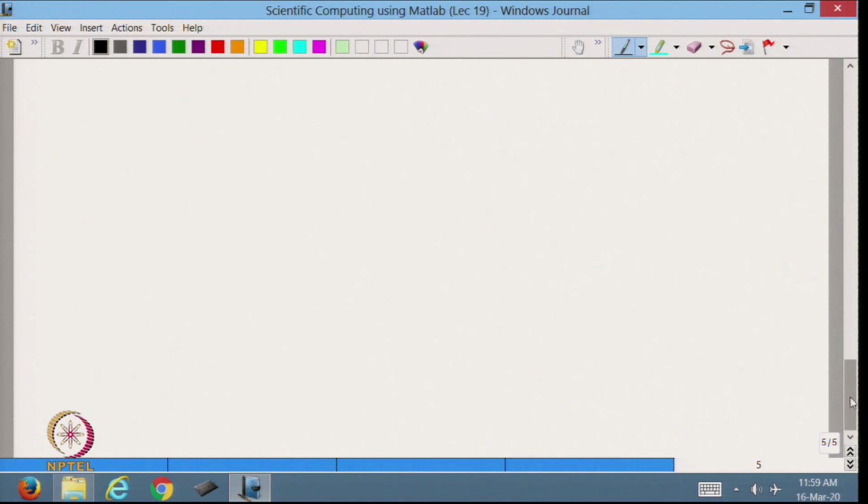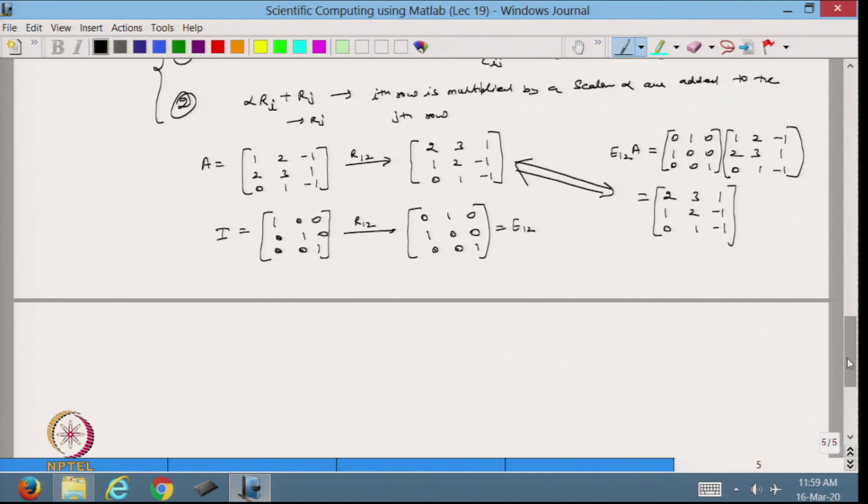Now suppose, instead of pre-multiplying, I post-multiply. My A is 1, 2, minus 1; 2, 3, 1; 0, 1, minus 1, and then 0, 1, 0; 1, 0, 0; 0, 0, 1.